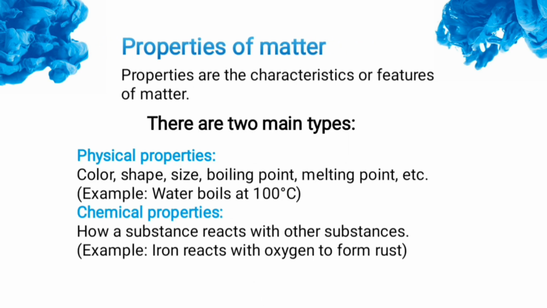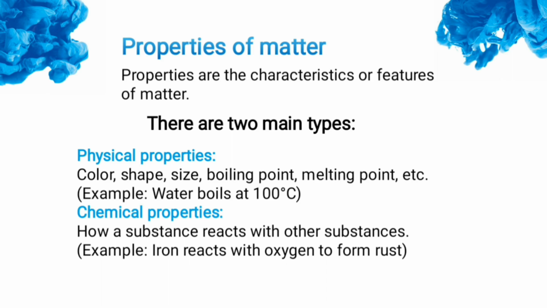Properties of matter. Properties are the characteristics or features of matter. There are two main types of properties: physical properties and chemical properties.